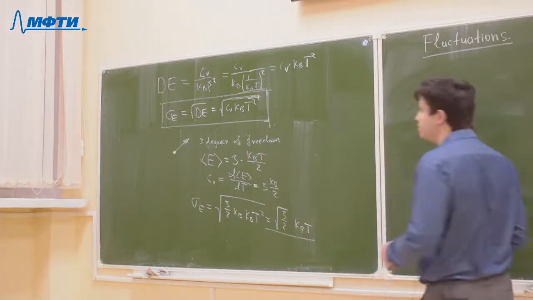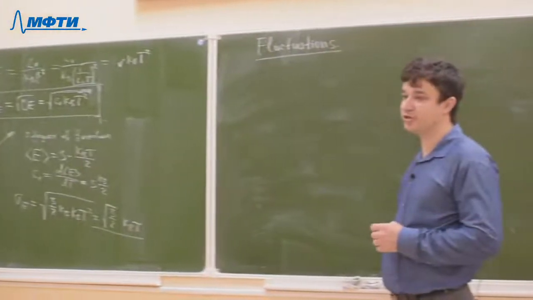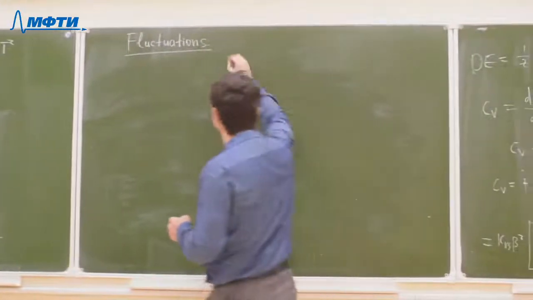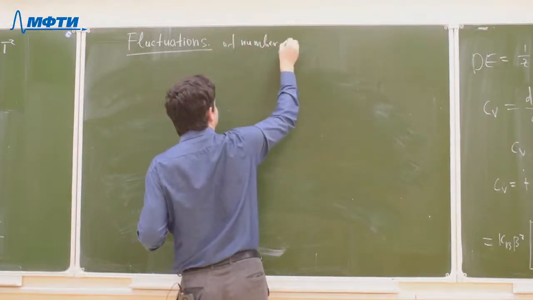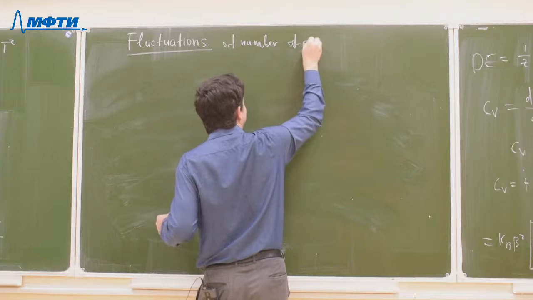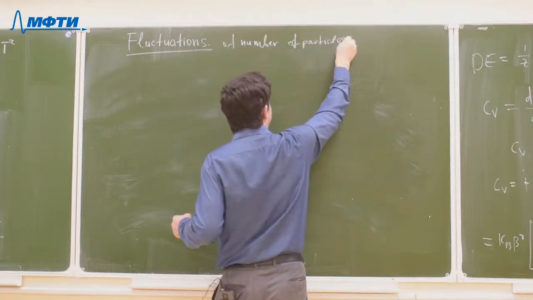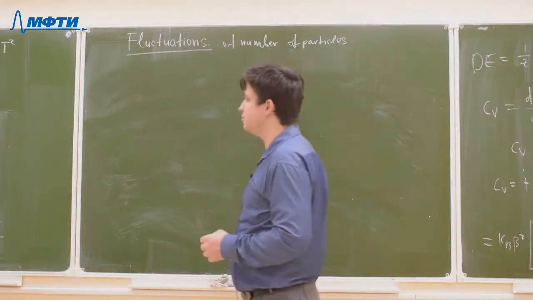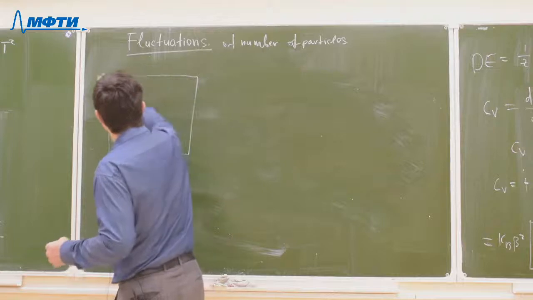Now let's discuss another type of fluctuations, which is the fluctuation of the number of particles. So let's assume that we select a certain volume inside the vessel of the gas.